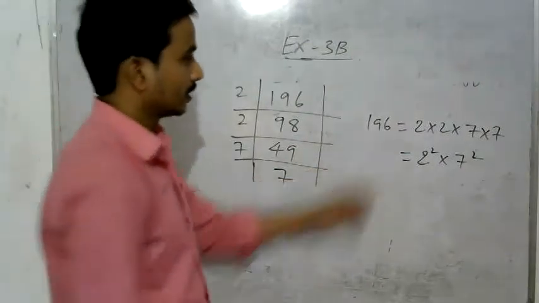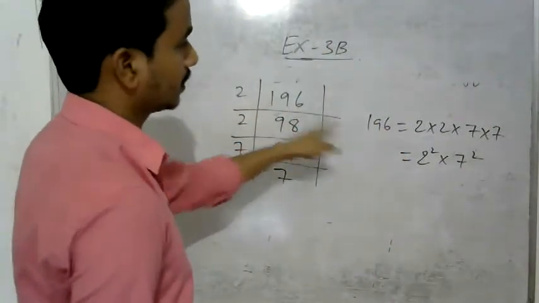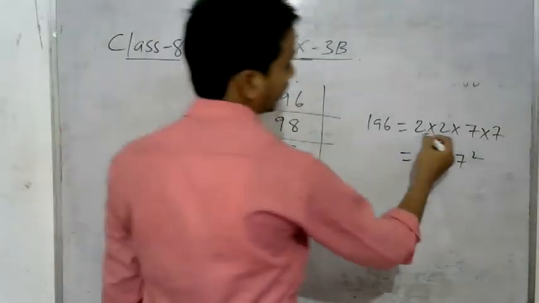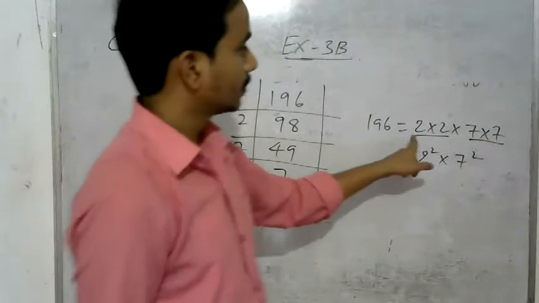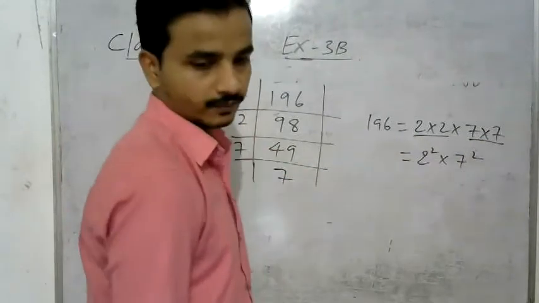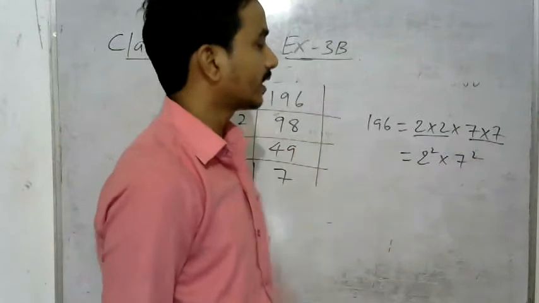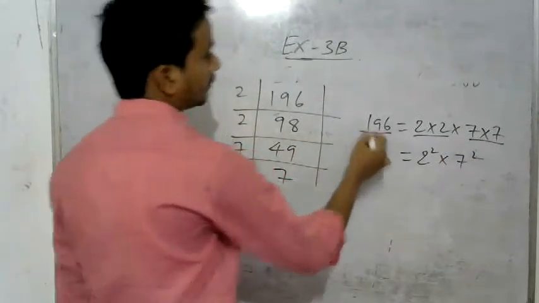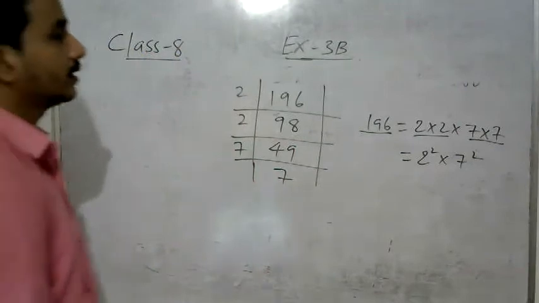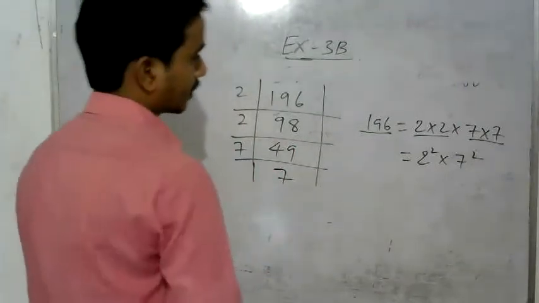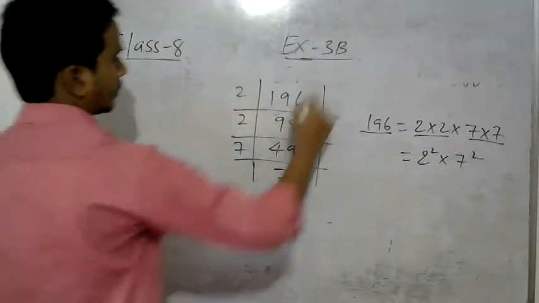So if in the prime factorization of a given number we get pairs of equal factors, then the number is said to be a perfect square number. So it is a perfect square number.